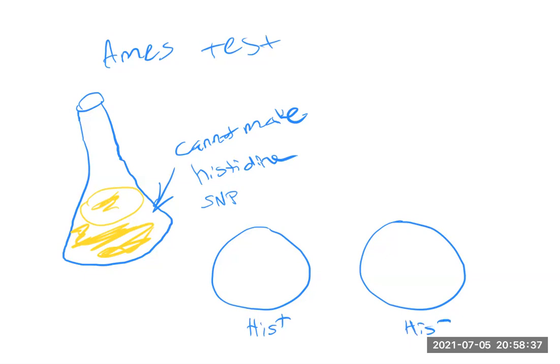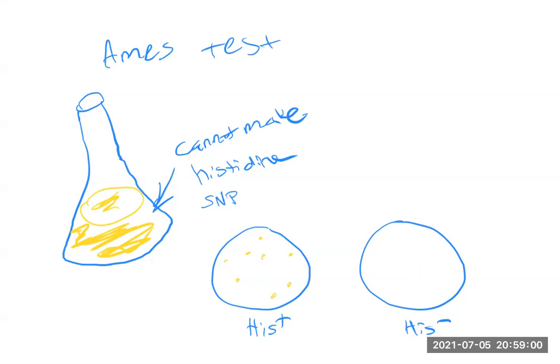And we would get bacteria growing up on here. If we did that whole process again, we would get colonies on the His plus media. And then in the His minus media, we would get nothing because the bacteria can't produce histidine, and you need histidine to make proteins. So we wouldn't get anything there.